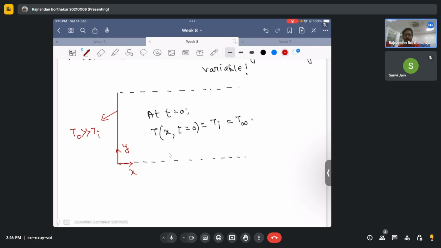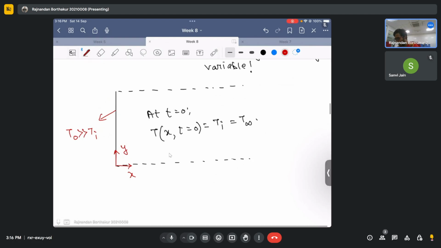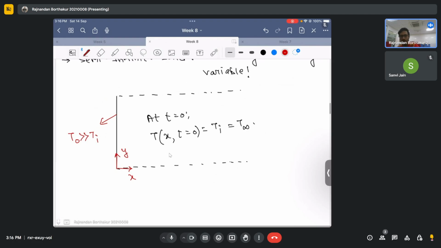It doesn't actually matter, but for the sake of clarity, we are considering that this T naught is much greater than the ambient temperature. For instance, you are picking up a brick from a room which is at an ambient temperature, and you are placing that brick into a furnace. So you are placing one of the faces of that brick into a furnace.